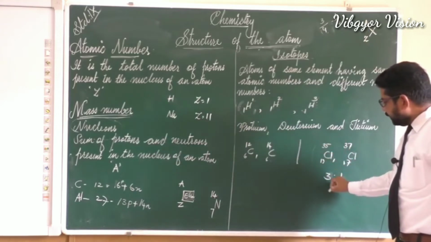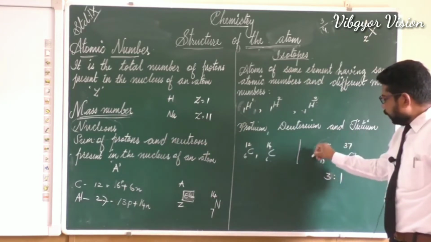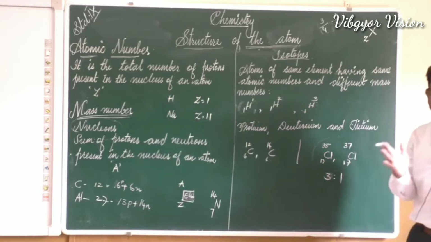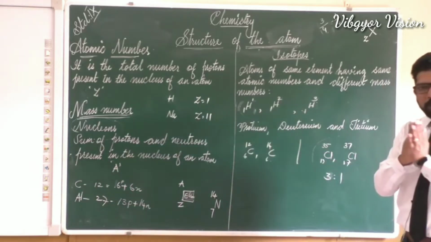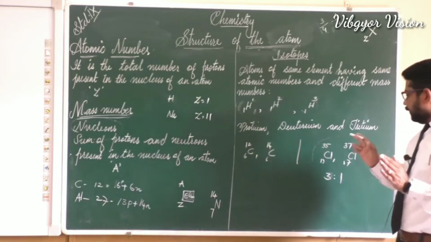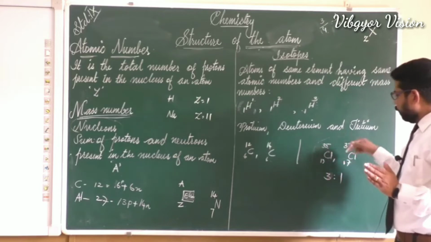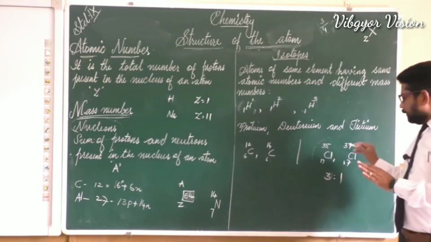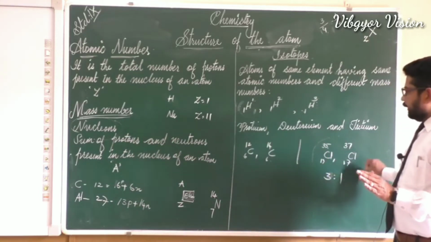In this case, since chlorine is present as chlorine 35 and chlorine 37, what mass will we take as the mass of chlorine? Will we take the mass of 35 or 37? Let us find out how we will take it.